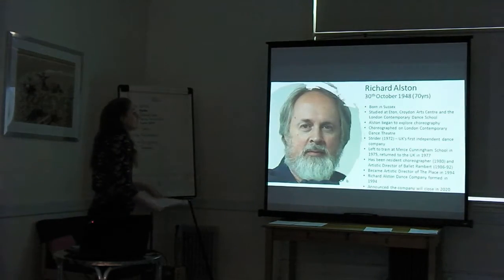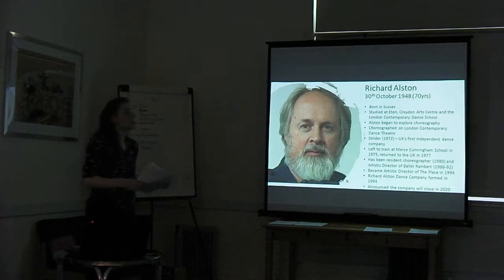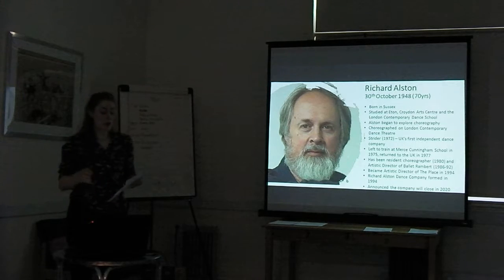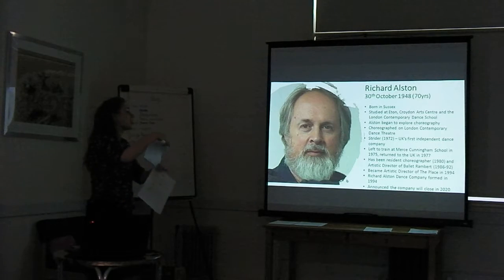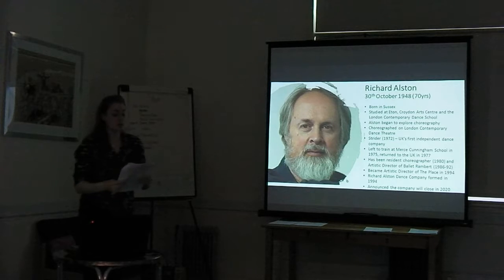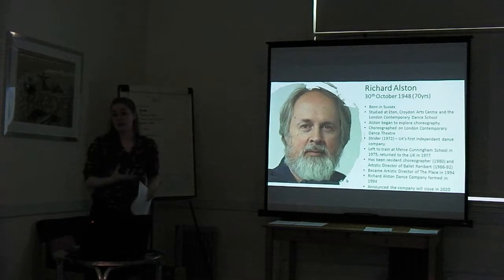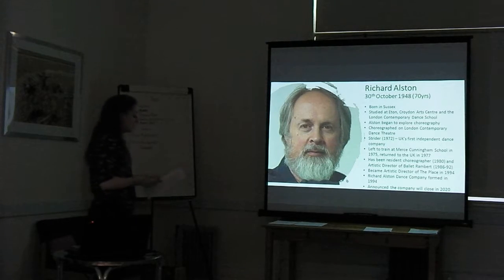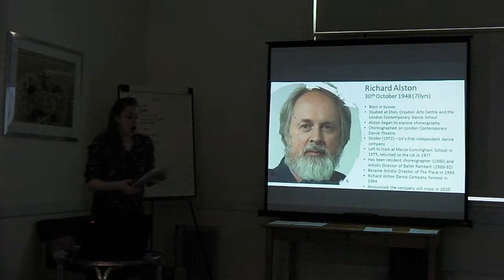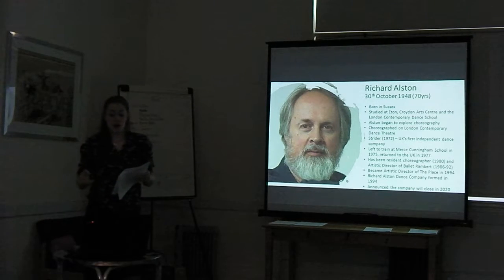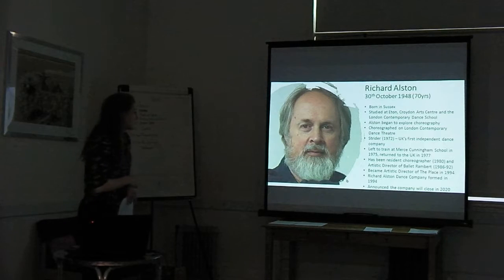So first of all, I'm going to start with Richard Alston. He was born in the UK, and after various different training, he was one of the first students at the newly formed London School of Contemporary Dance. While he was there, he undertook many choreography opportunities, and in 1972 he formed the UK's first independent dance company called Strider, along with other practitioners such as Christopher Banner, Wendy Levitt and Siobhan Davies.